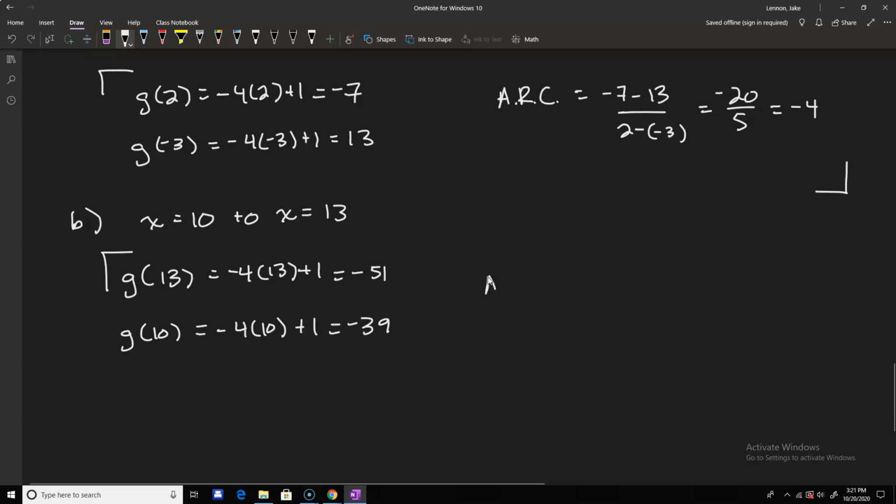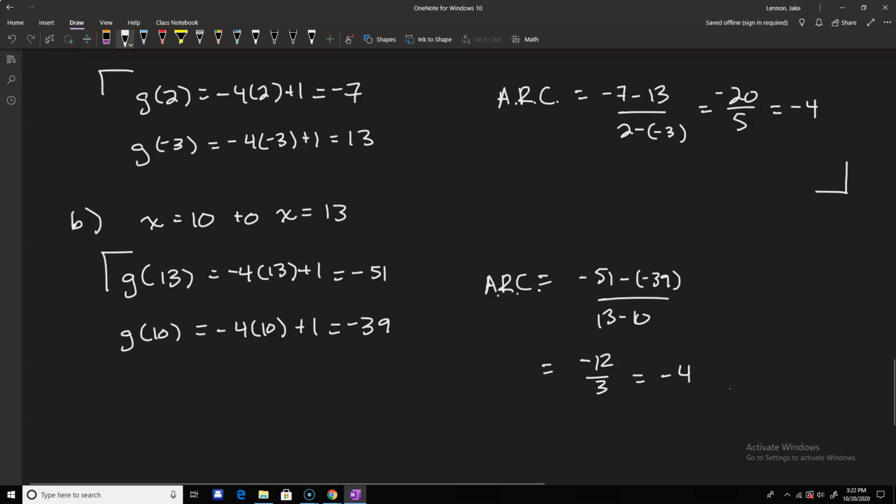So then we have our average rate of change, which is -51 minus -39 divided by 13 minus 10. So we end up with -12 over 3, which comes out to -4.